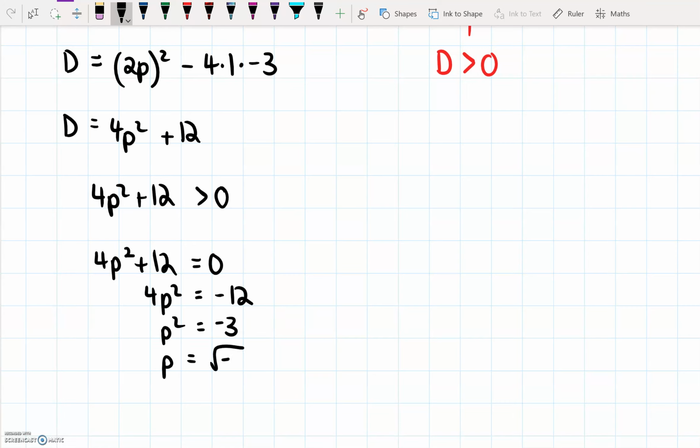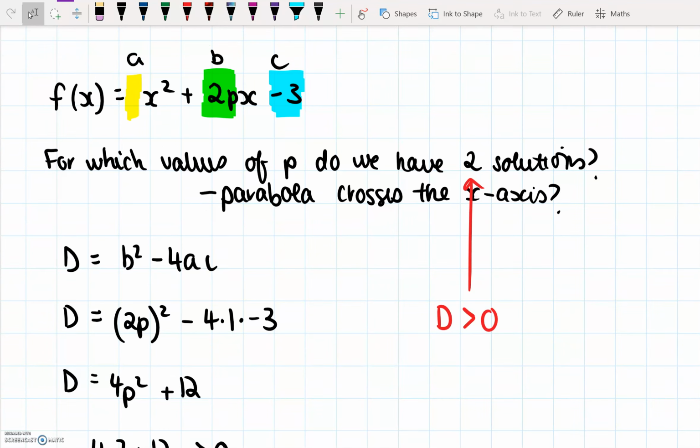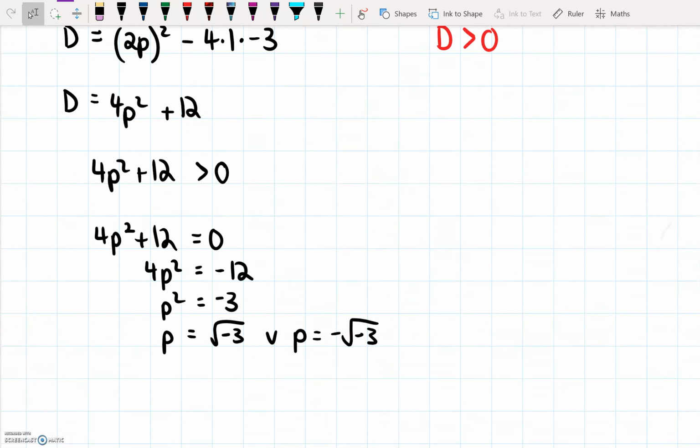Now, we know that you cannot take a square root of a negative. So in this case, actually, we will never have two solutions for this equation. So this equation will never cross the x-axis. It's not possible. And that's our answer for this one.